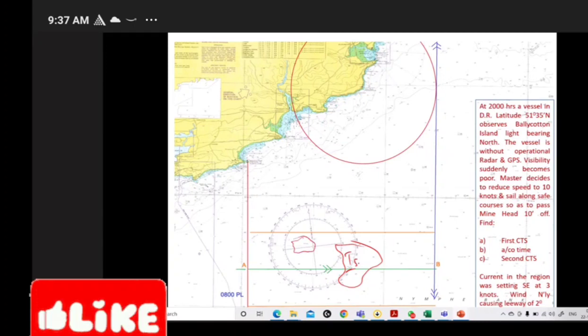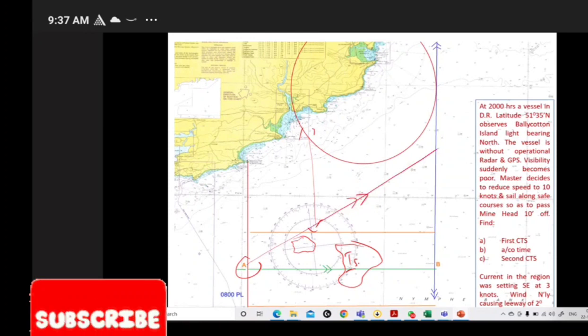Safety margin. Then, as a master, I'll take my call. Now, if it was like this in the middle of this, I'll see how much is the clearance here. What is the reliability of my DR? If DR is highly reliable, I may think of making good this course and joining here.